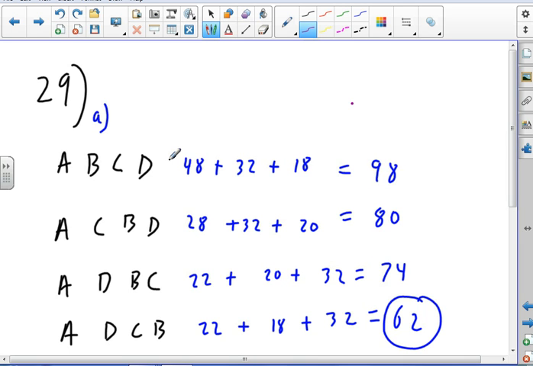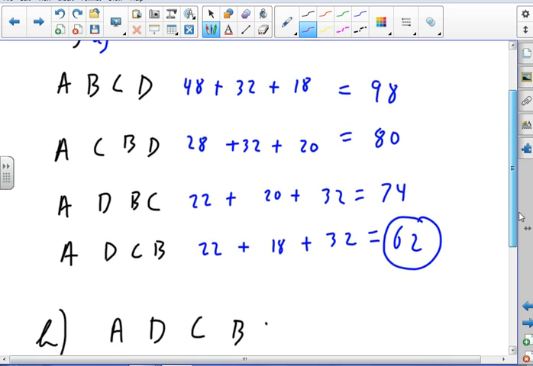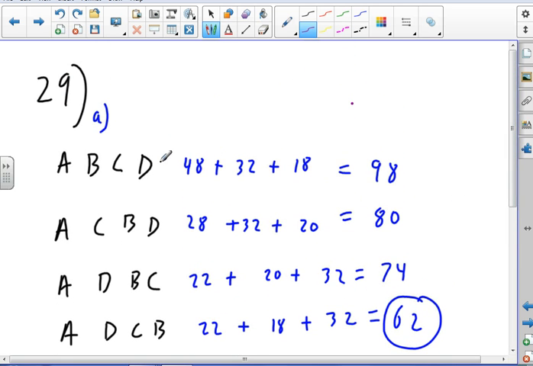I'm going to have to add an A. A, and go, so D to A would be 22, and C to A, 28, and B to A, 48.